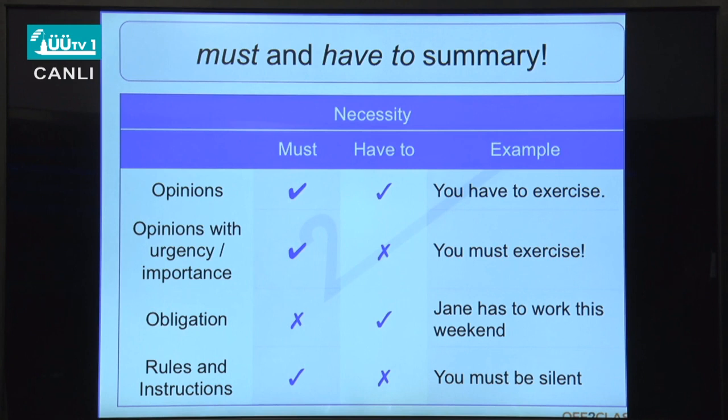Jane has to work this weekend. So, there is something that I want to add here. Mostly for the rules that are made by government or instructions and so on, you use must instead of have to. You must be silent. You must fasten your seatbelt.